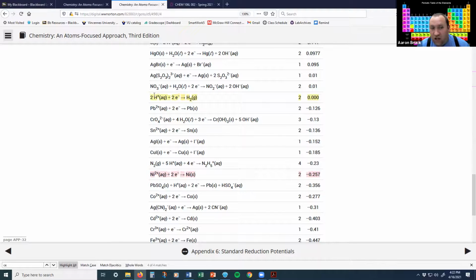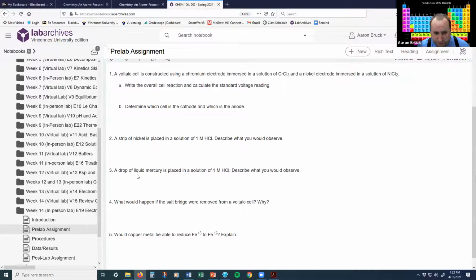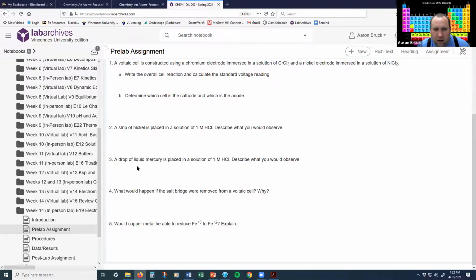Since hydrogen ion is a stronger oxidizer than nickel ion, the hydrogen ion will oxidize the nickel metal. So this is a chemical reaction that would take place. You just need to describe what you would see when that chemical reaction does take place. For number 3, same kind of idea, just look at mercury versus hydrogen ion.